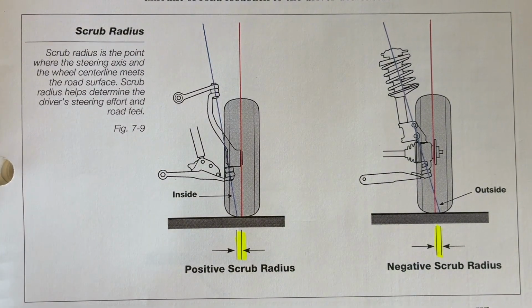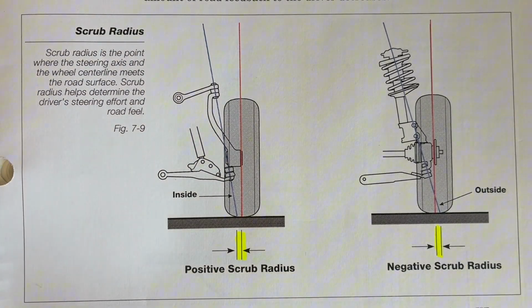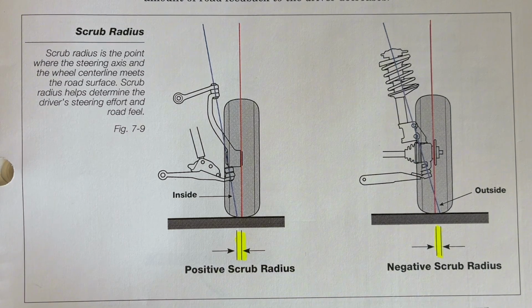Most front-wheel drive vehicles use negative scrub radius, and rear-wheel drive vehicles use positive scrub radius. Front-wheel drive vehicles with a diagonal split braking system use negative scrub radius to compensate for the different left and right braking force, to maintain directional control of the vehicle under heavy braking.